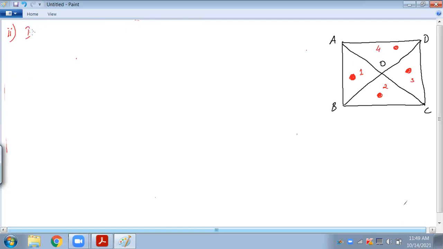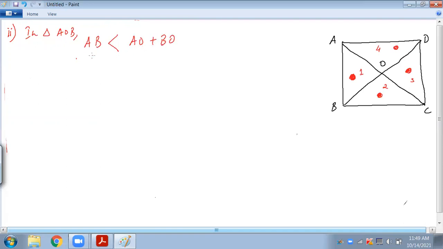Now first we'll take triangle AOB. If you see nicely, AO and BO are part of the diagonals, so we'll take them together on one side, and the side of the quadrilateral AB we'll take on the other side. So we can take AB less than AO plus BO.